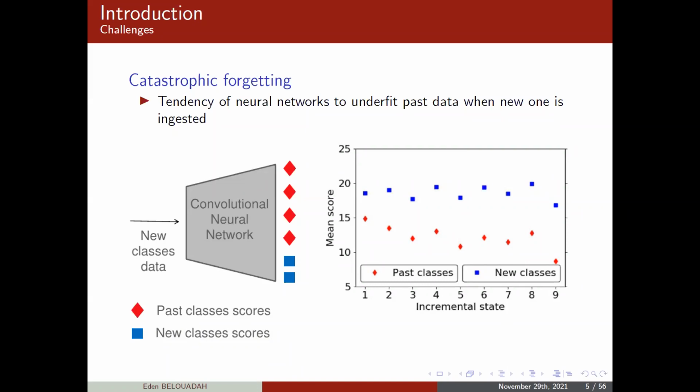We can see this in the figure on the right in terms of the classification scores of past and new classes that we plot here in each incremental state from 1 to 9. We notice that the gap is large between the two types of scores. This also means that when we provide a testing image to the network, it will probably be predicted as belonging to a new class, even if this is not necessarily the case.